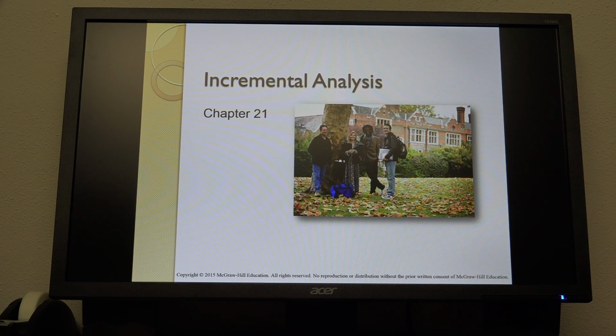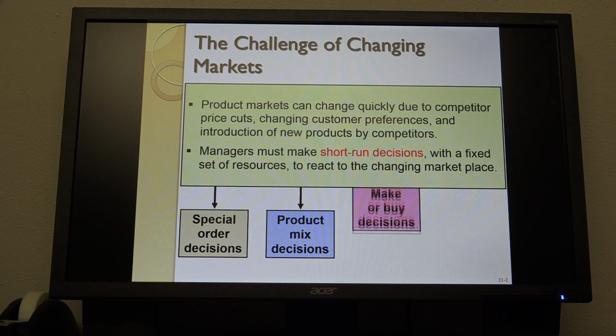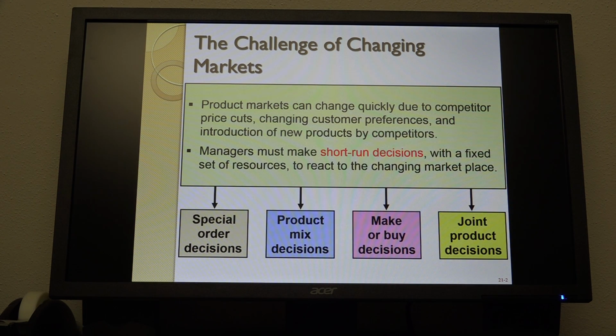All right. And so here it indicates that product markets can change quickly due to competitor price cuts, changing customer preferences, and or introduction of new products by customers.